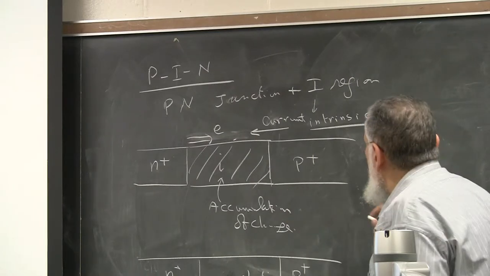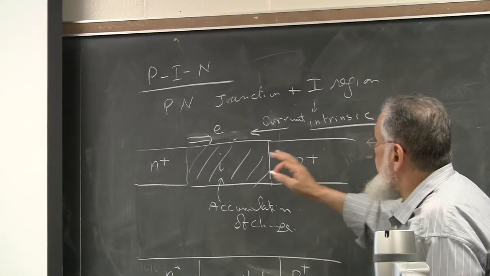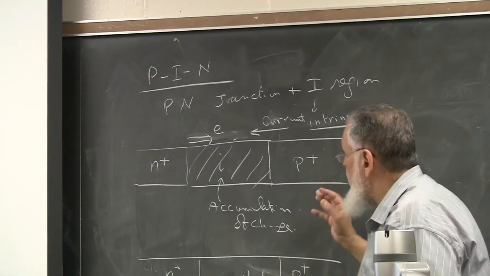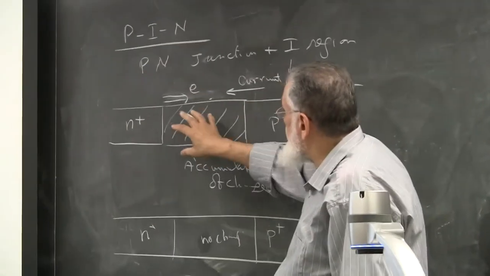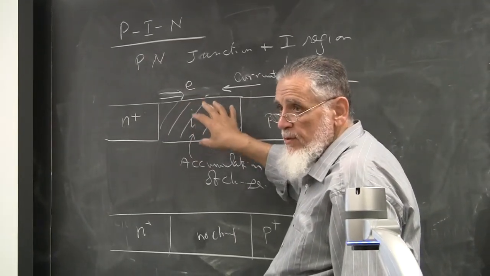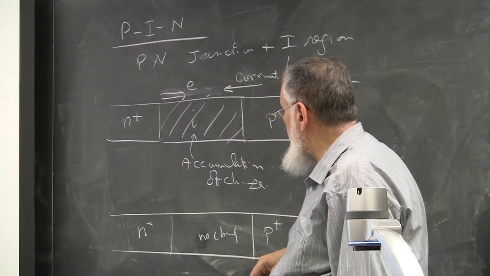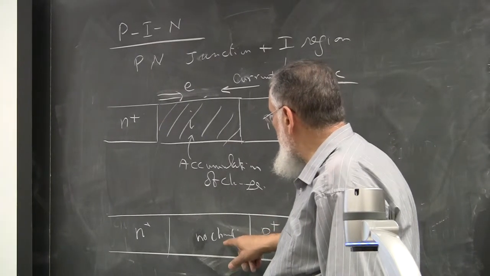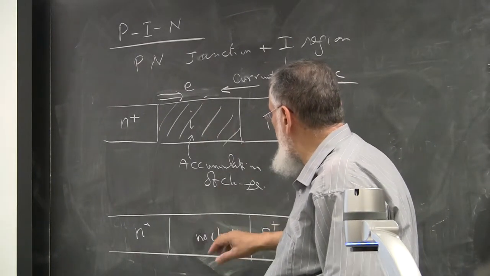Now, what happens is you apply your reverse bias, and the process is to clear all the charges here, because you have a heavy accumulation of charge. And you won't reach that situation until that's completely off.